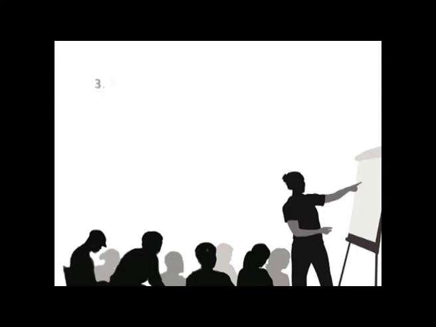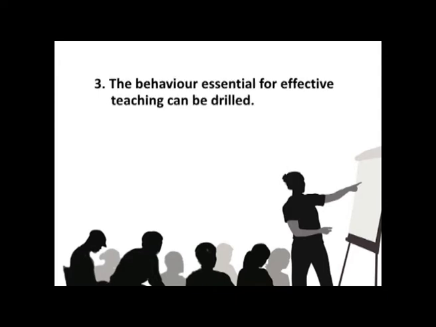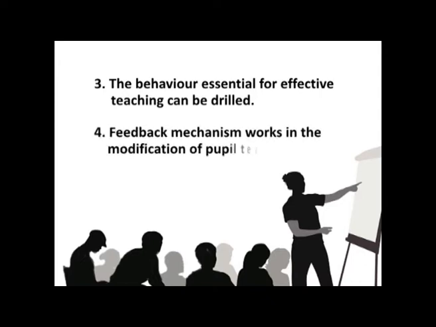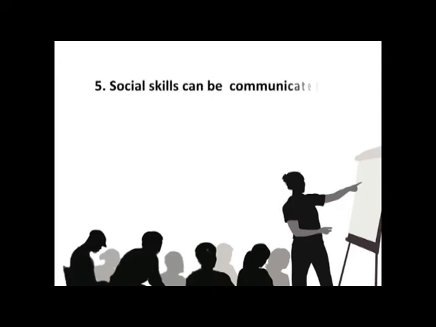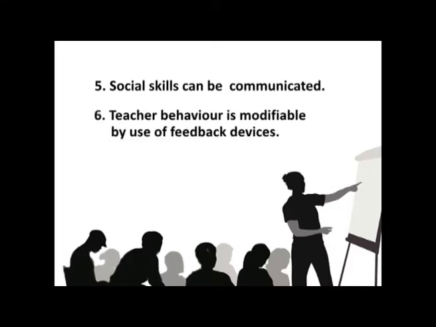The third assumption is that the behavior essential for effective teaching can be drilled. Number 4, feedback mechanism works in the modification of the pupil-teacher's behavior. Number 5, social skills can be communicated. Number 6, teacher behavior is modifiable by use of feedback devices.